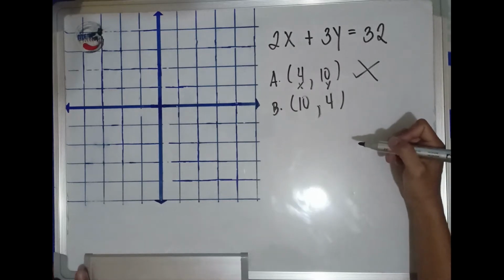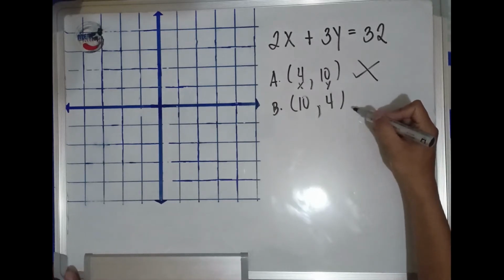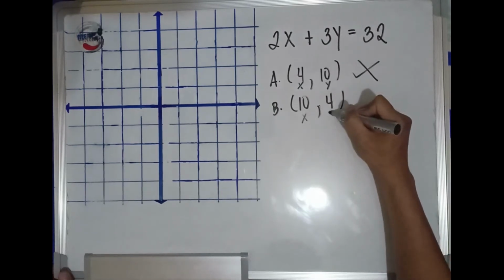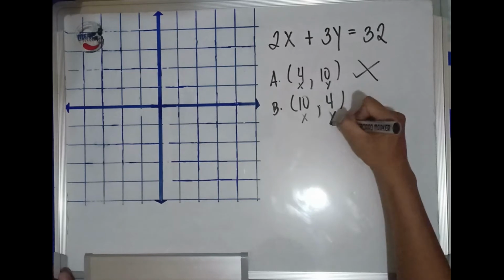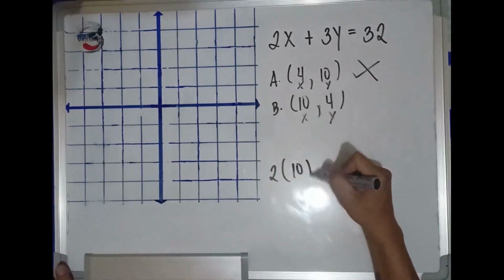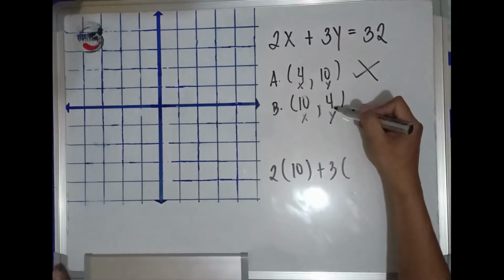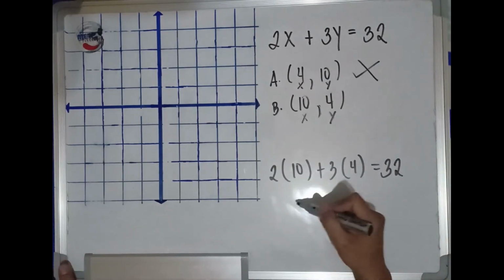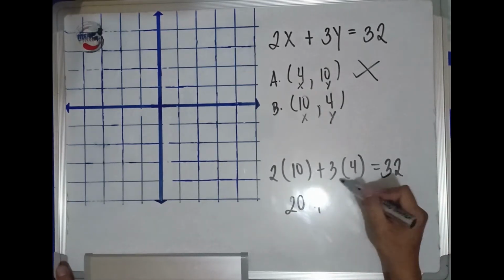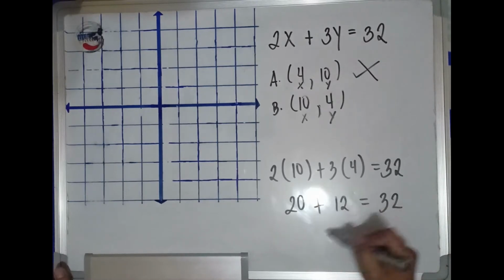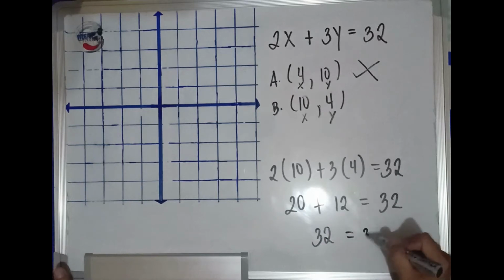Again, always remember that in an ordered pair, the first constant is for variable x and the second constant is for the variable y. 2 times the value of x, which is 10, plus 3 times the value of y, which is 4, is equal to 32. 2 times 10 is 20, plus 3 times 4 is 12. 20 plus 12 is 32, is equal to 32. 32 is equal to 32.